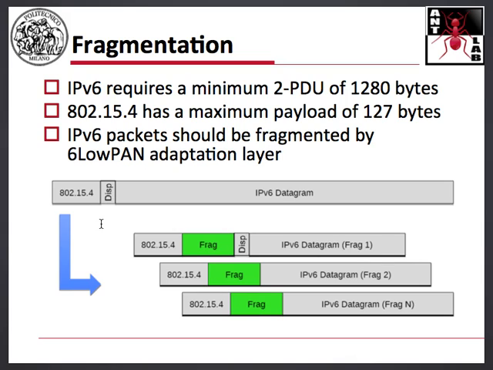The idea is the following. I have my full-fledged IPv6 packet or datagram, which I have to slice down into different fragments. Fragmentation is implemented whenever needed by adding a fragmentation header to all the datagram fragments.